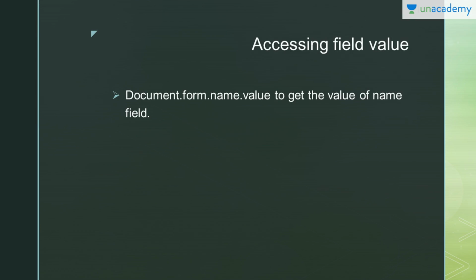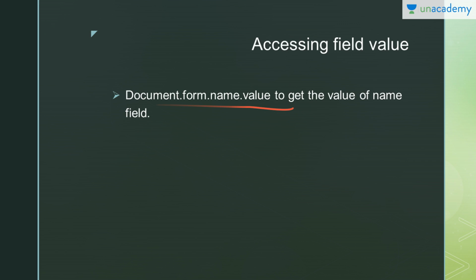Before going to the example, I would like to tell you how you can access the field values. Accessing the field is basically getting the input text from the user. Now you want that value to be used in your function. So how do you access that field value? For that you use document.form.name.value to get the value of the name field.